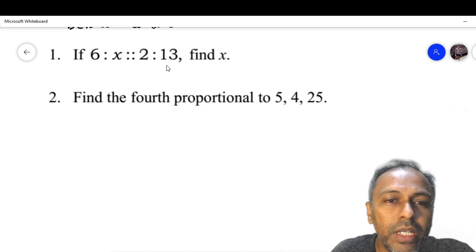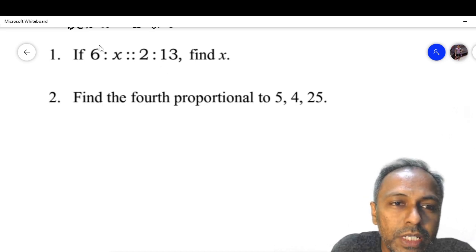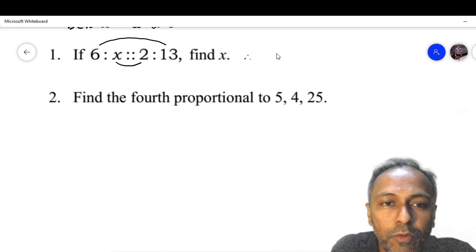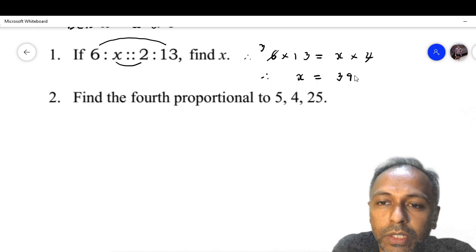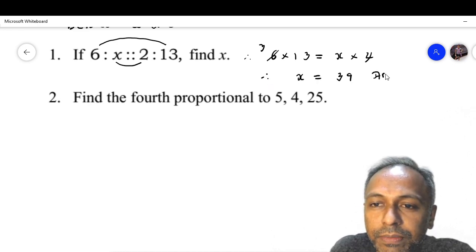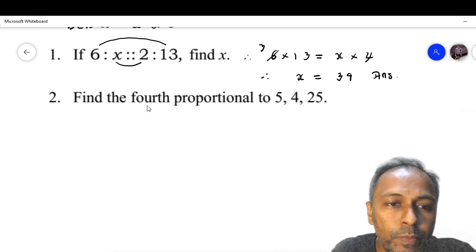Clearly 6, x, 2 and 13 are in proportion, which means that product of extremes is equal to product of means. Therefore we can say 6 into 13 is equal to x into 2. You can do 2 ones are 2, 3 sixes are, therefore you will get x is equal to 39. This is your answer. Let's take one more.